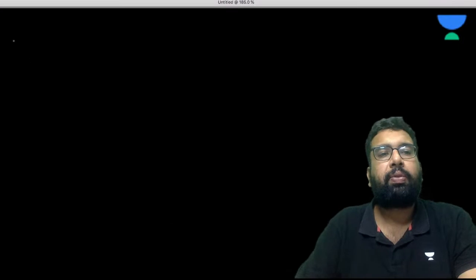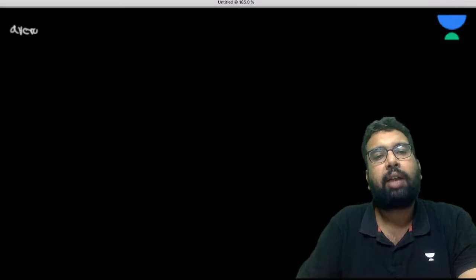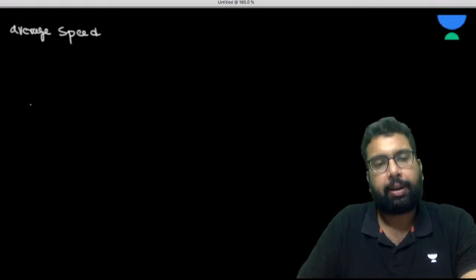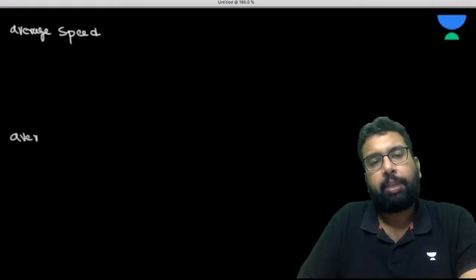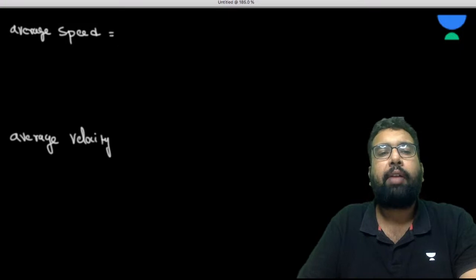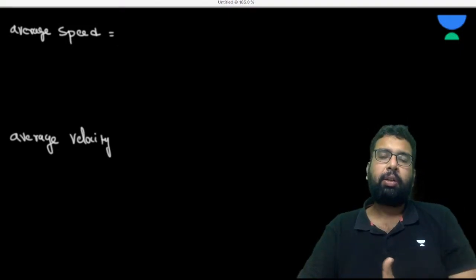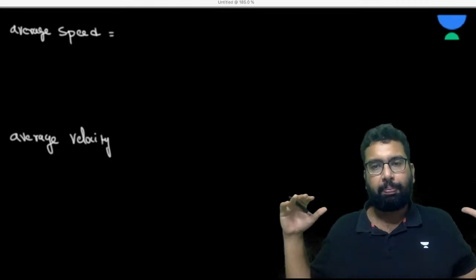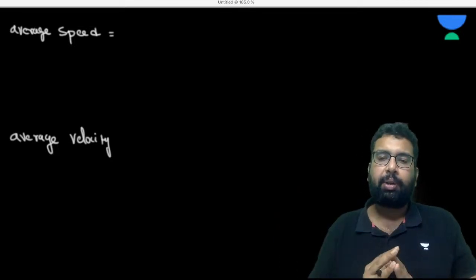We can try to understand the concept of average speed and average velocity. Now this is something very, very simple. I'll be giving you the formula and we'll be solving multiple questions. When we solve multiple questions, with the help of questions you will definitely learn this concept in a good way.